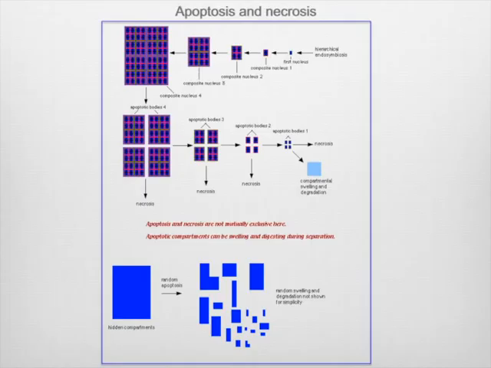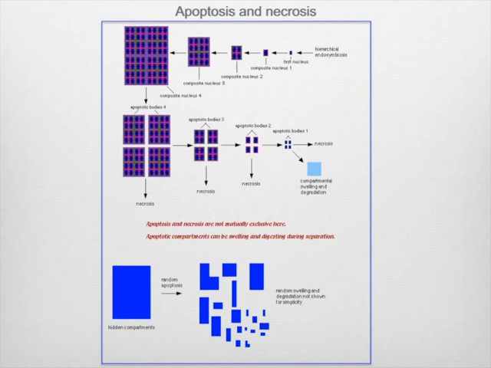All right, in this slide, we're looking at something I call hierarchical endosymbiosis. Now, I say hierarchical because if you look at the top of this model, there's something called a first nucleus, and let's say that's a simple bacterium or something. 4 of those come together in a geometric pattern, and you see composite nucleus 1, and then 4 of those come together, and you get composite nucleus 2.